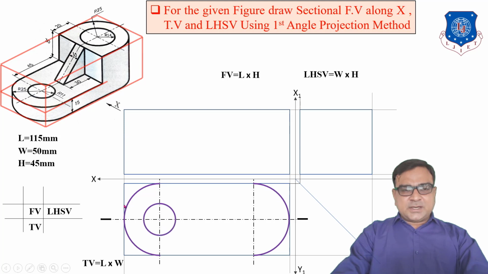Draw a full circle of radius 11 and a full circle of radius 14. Draw two horizontal lines for this portion. Now draw a vertical line which represents the top view of this plane. Draw two horizontal lines which are the top view of this surface.